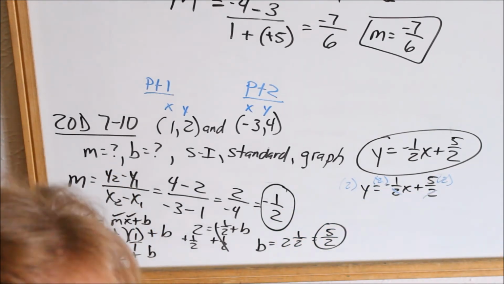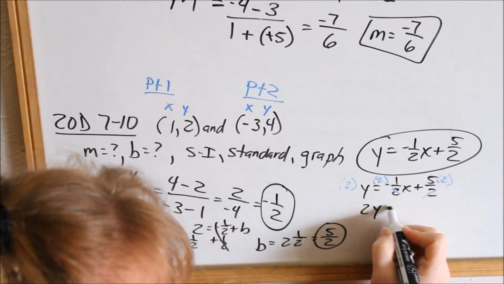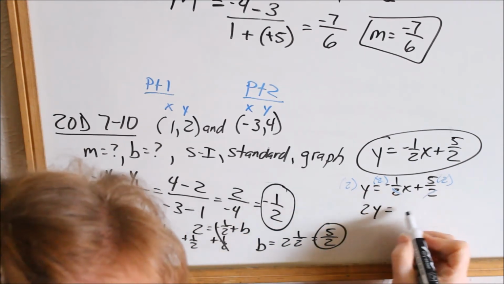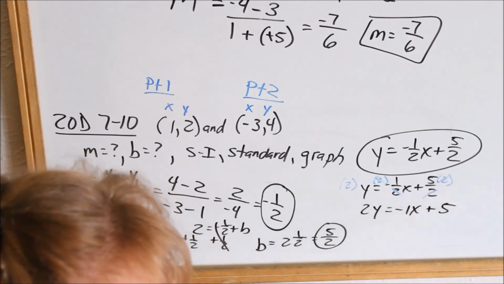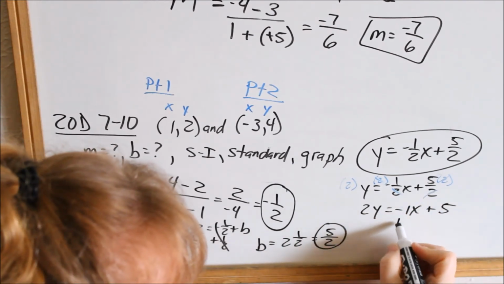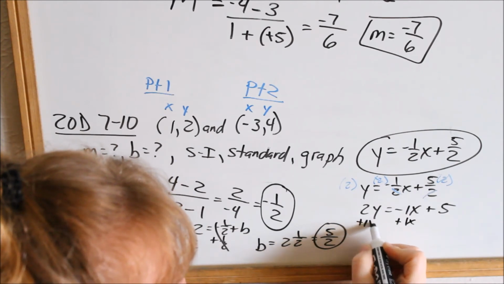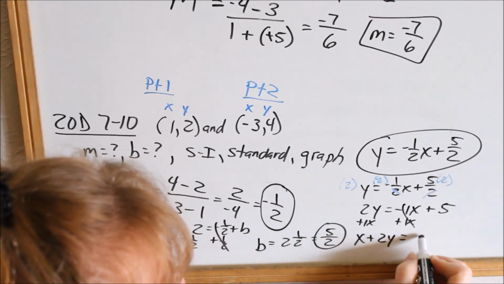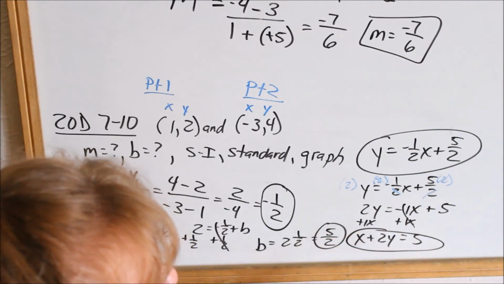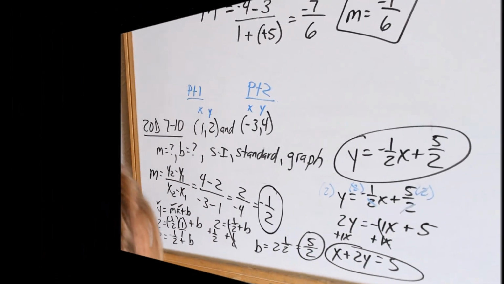So over here I have left 2y equals, don't lose your negative sign, negative 1x, or you can just write negative x, plus 5. Move my x over to be with my y. So we have x plus 2y equals 5, and that would be your equation in standard form.